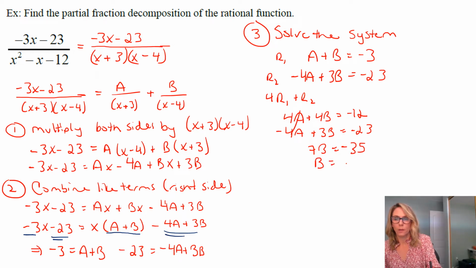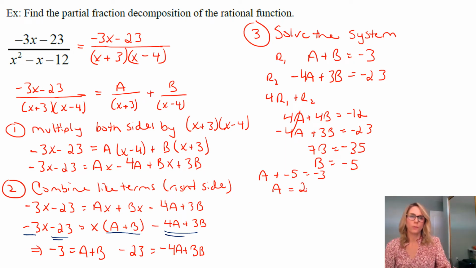So that tells us that b equals negative 5. And then a plus b has to equal negative 3, so that tells us that a equals 2.